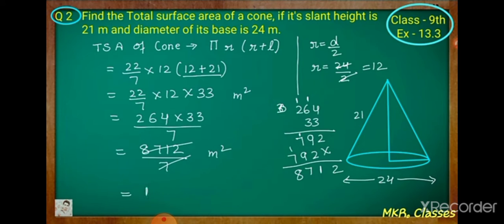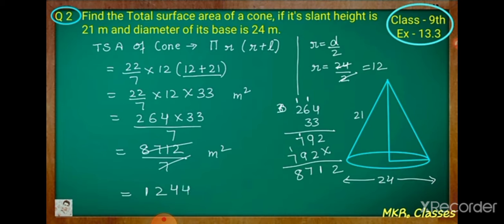If we divide it, 7 ones are 7, then 7 twos are 14, and 3 left, 31, 7 fours are 28. So it is 24 times, and again we get 3, 32. Again it can be cut by 4, so 7 fours are 28.